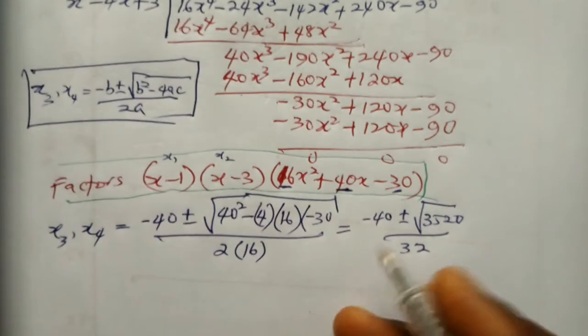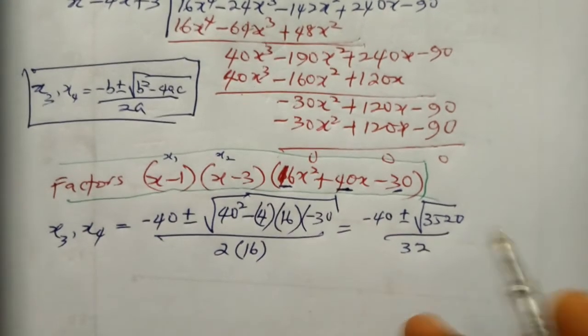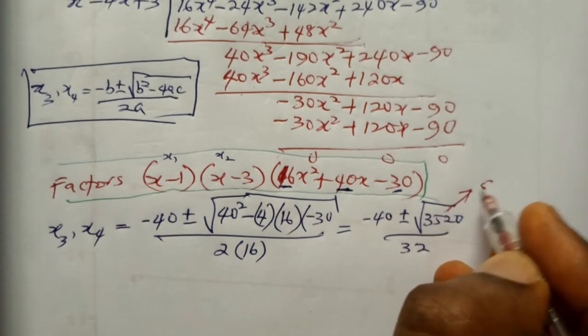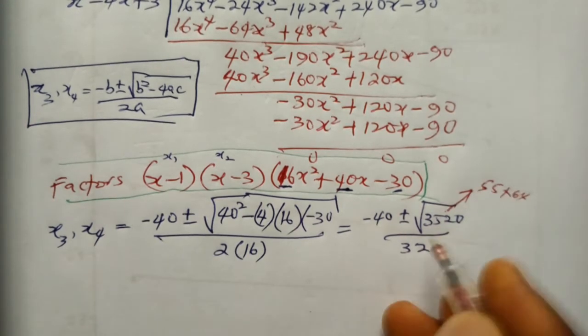So this thing inside the bracket is equal to 55 times 64.